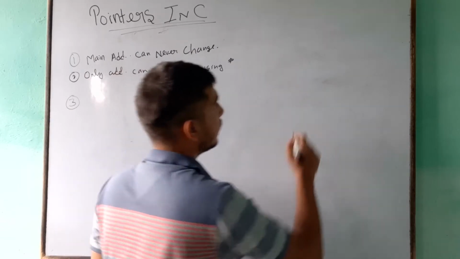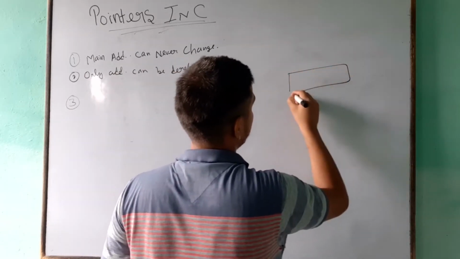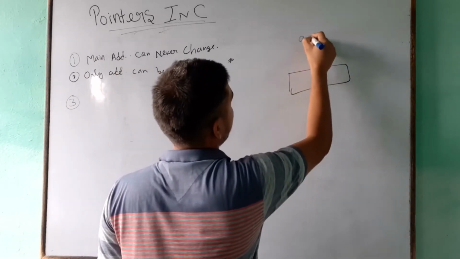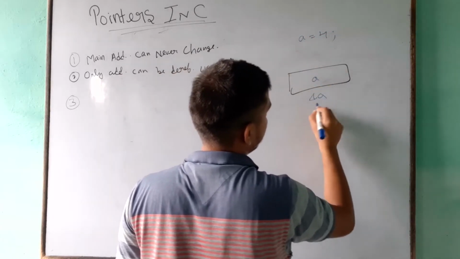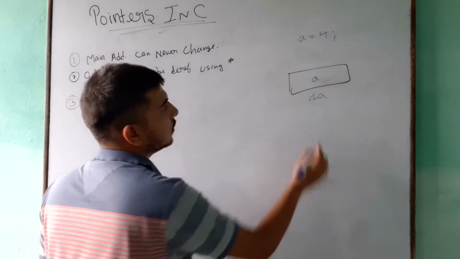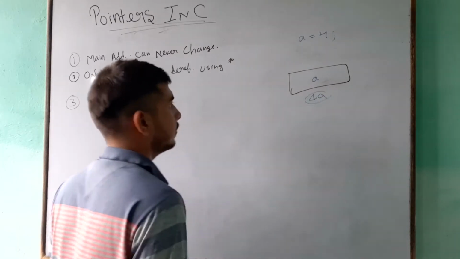I have a memory location. I am saying that a = 4, and here it is a and &a. We know that the main address can never change, but the value can change.